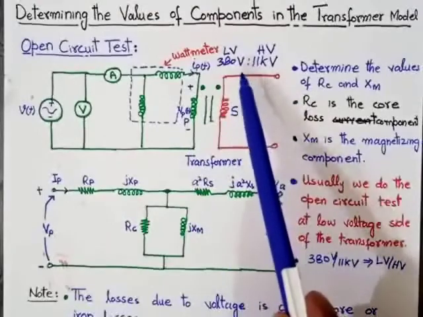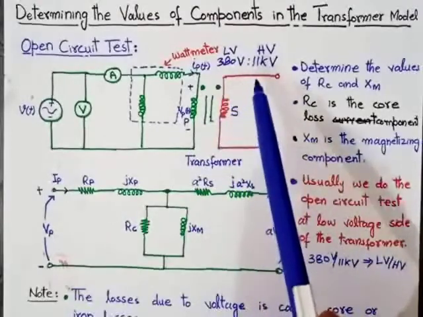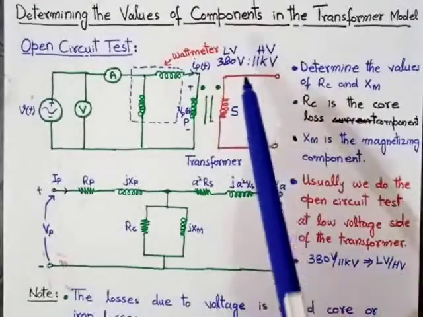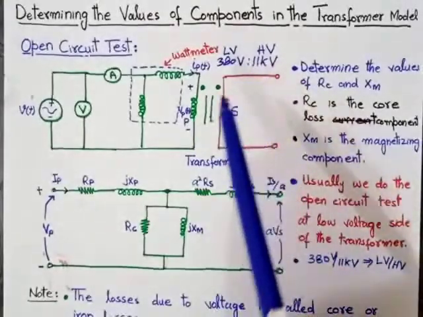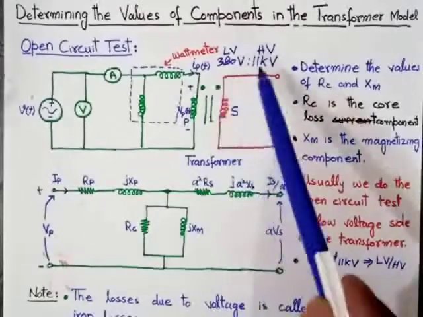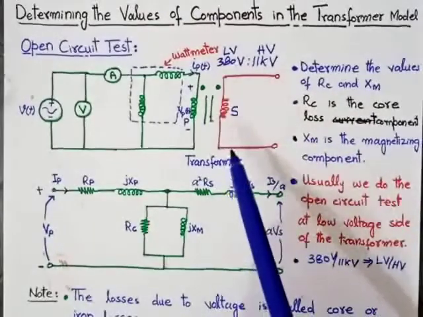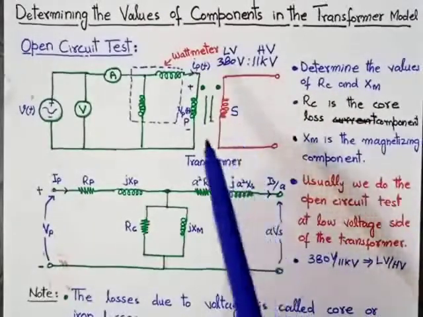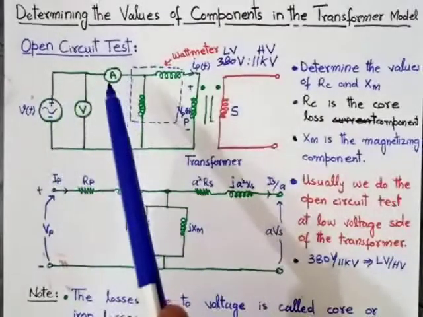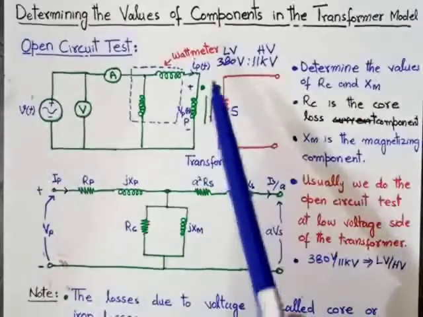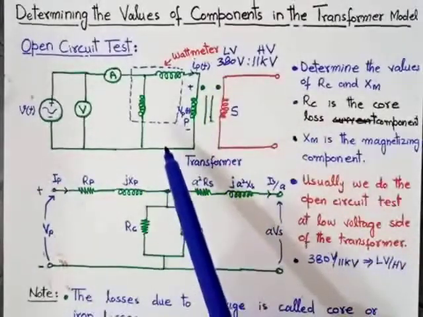And as you can see in this relation, the voltage across the secondary circuit is high. It means the current across the secondary circuit will be low. So that's why we perform the open circuit test of the transformer at the low voltage side.